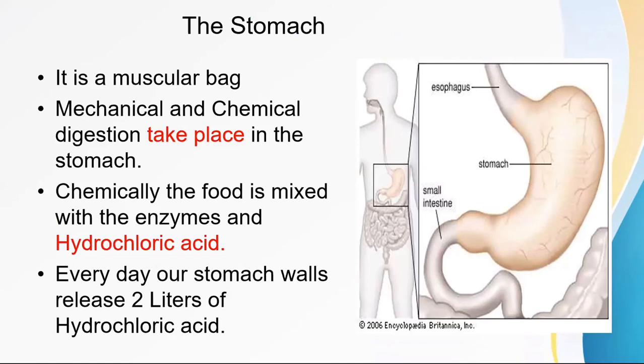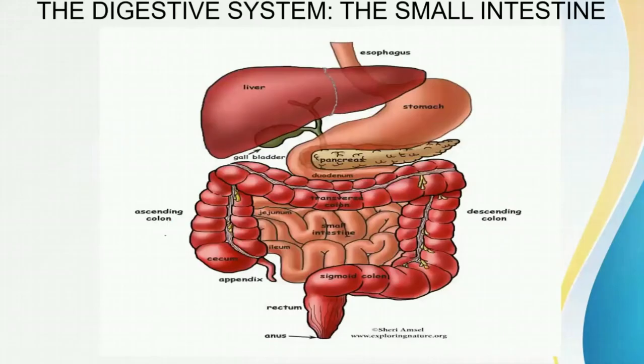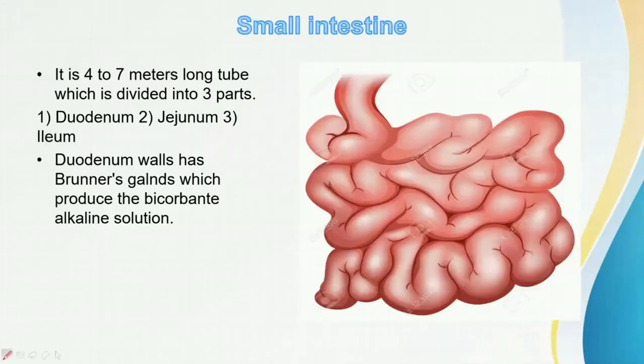Now you are seeing the picture of the complete digestive system. Here we are going to talk about the small intestine. The small intestine is a tube, 4 to 7 meters long, which is divided into three parts.